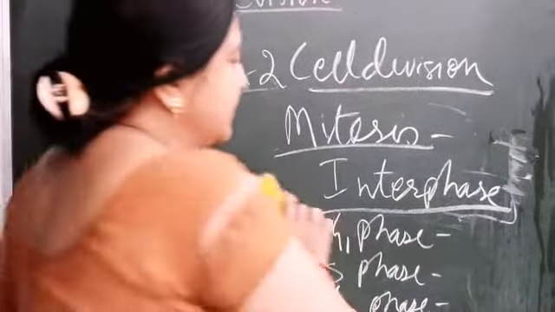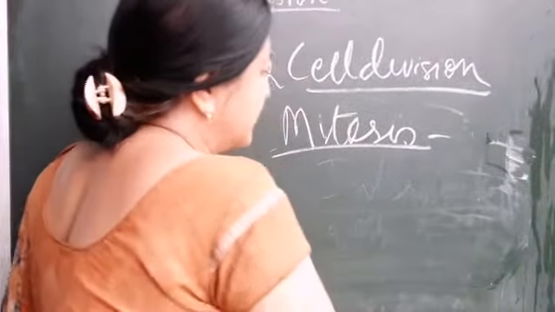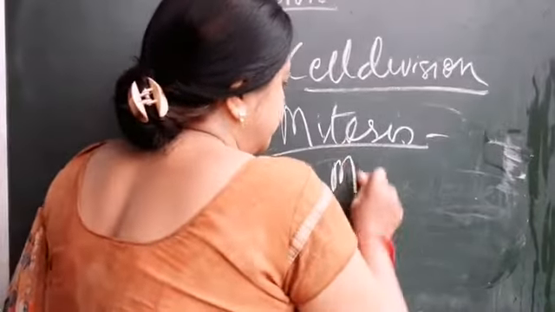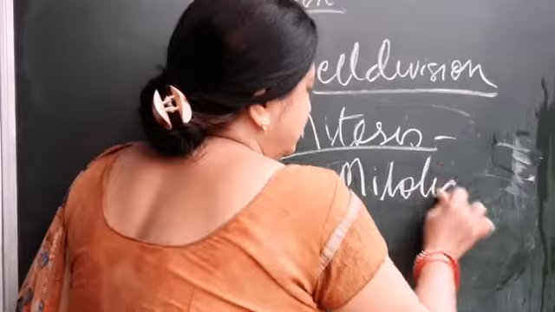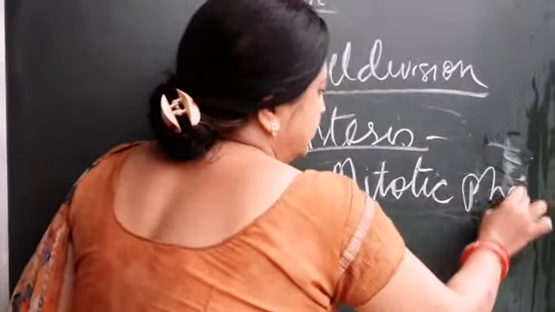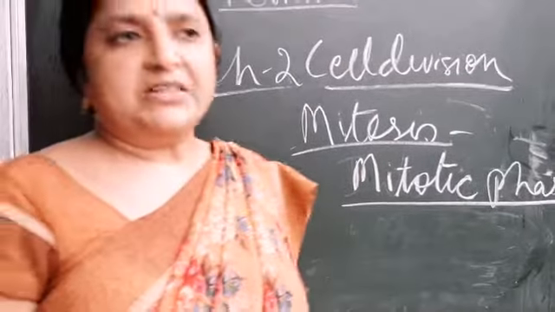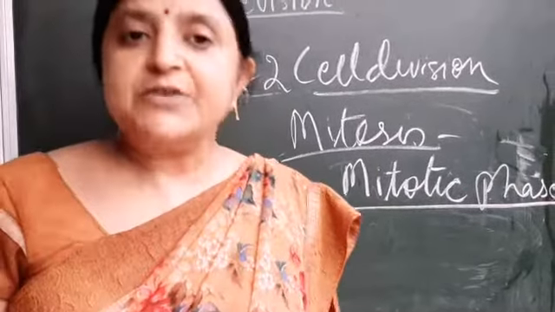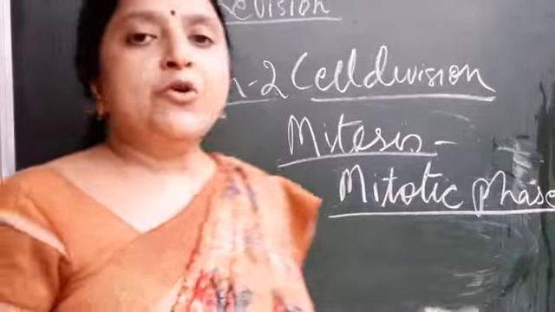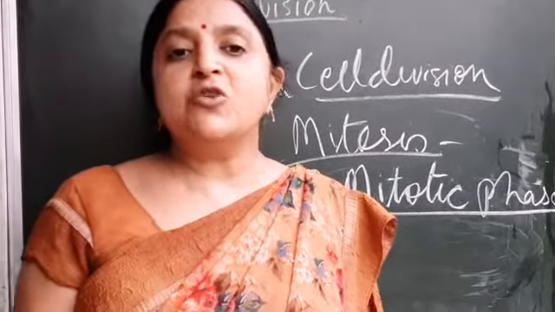After interphase, the second phase that starts is the mitotic phase. The mitotic phase is divided into 2 parts, karyokinesis and cytokinesis. What is karyokinesis? Karyokinesis is the division of the nucleus.